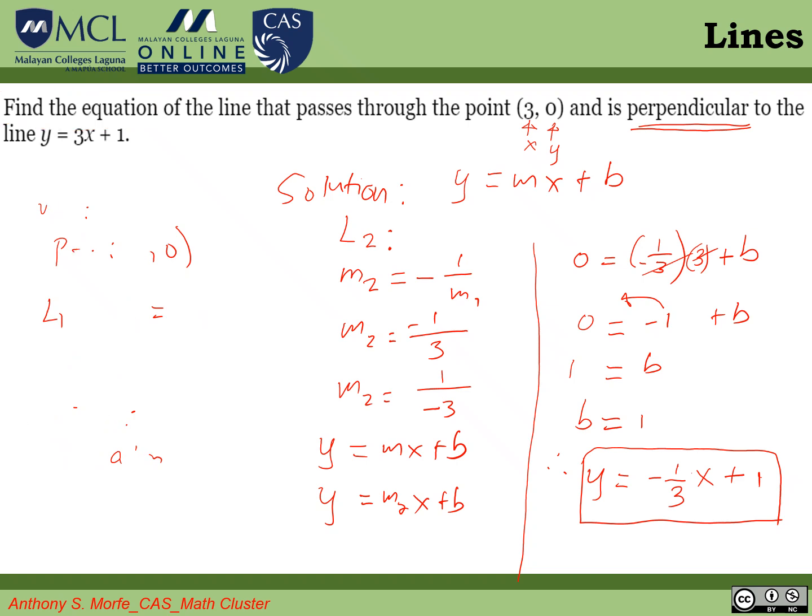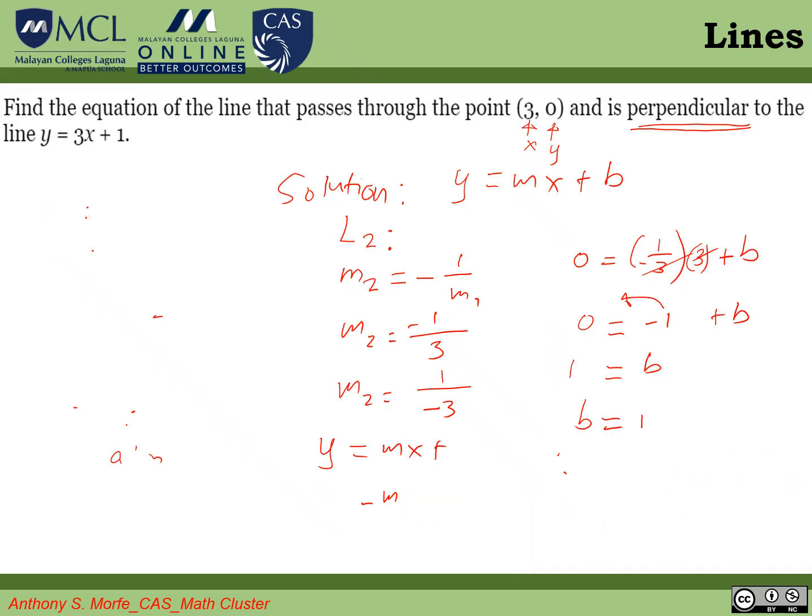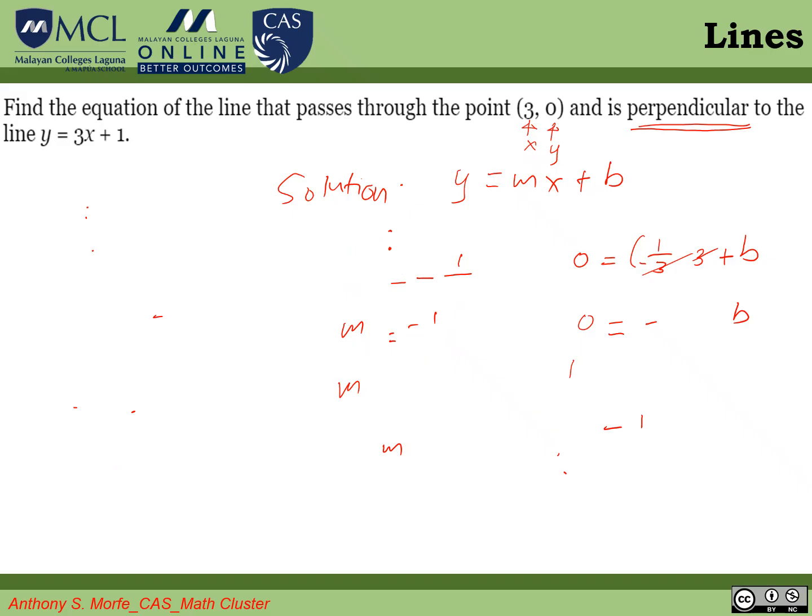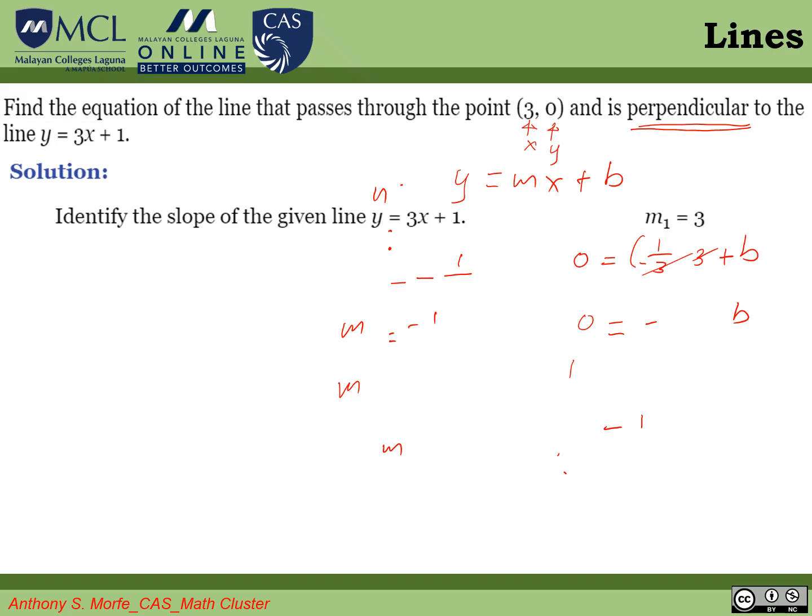Okay, so the learning material, class, remember the answer is negative 1/3 x plus 1. The solution given in this learning material is like this. Identify the slope of the given line.